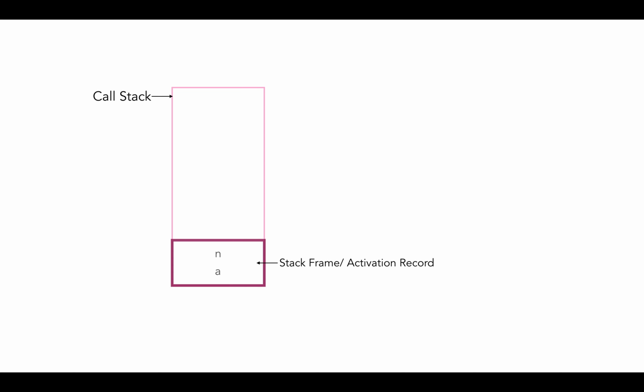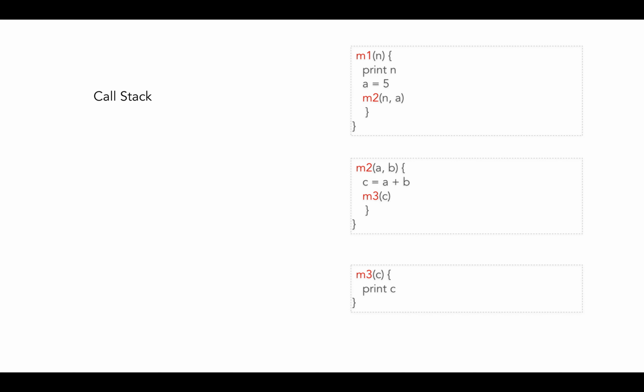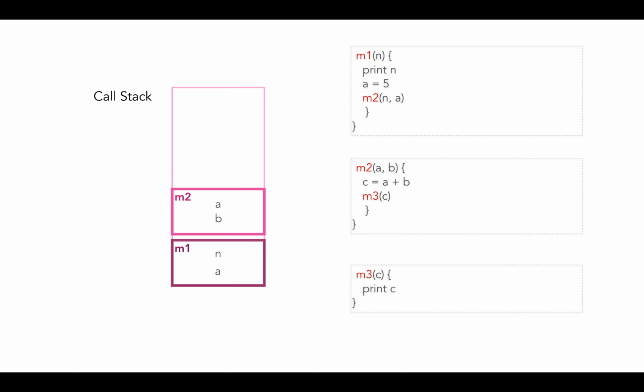Let's take a very simple example. Suppose your application is calling a method m1, which is calling a method m2 internally, and this method m2 is again calling method m3. Here each method call, as we mentioned earlier, occupies a frame in the call stack. When m1 is called, a stack frame for m1 will be there on the stack with all its local variables, references and all, and then when m1 calls m2, a stack frame for m2 is created right over the m1 stack frame, and then the same for m3 in the sequence.